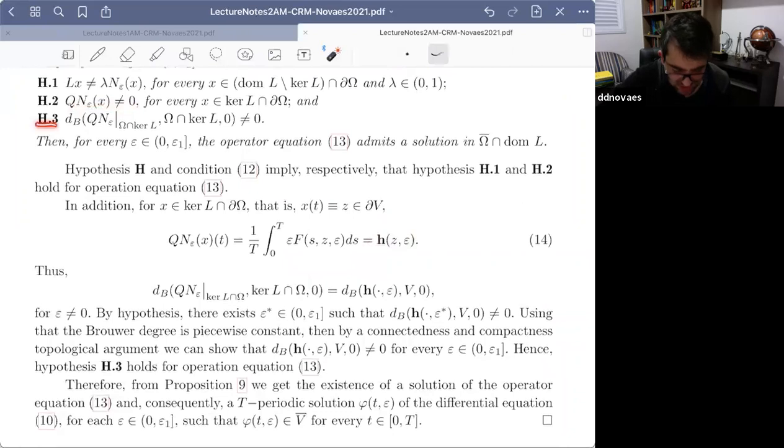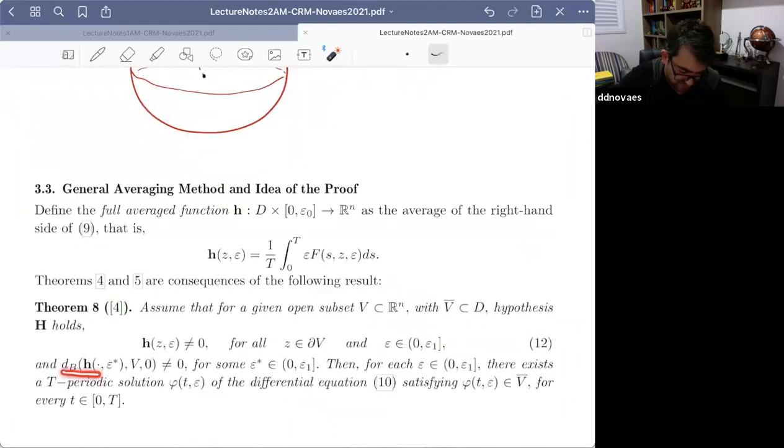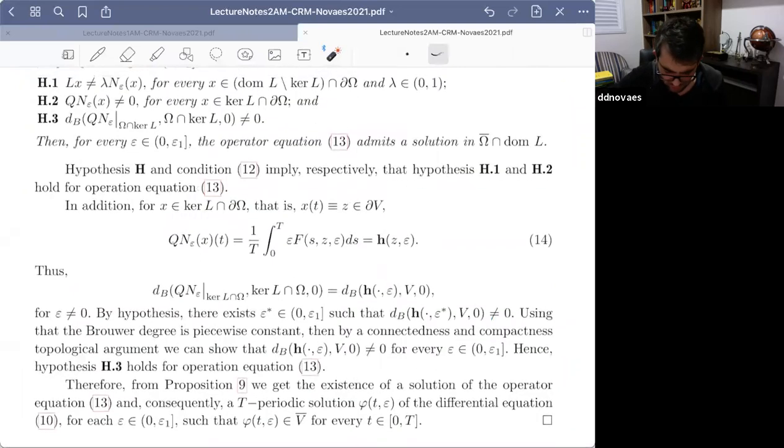And condition H3 will be verified, will be a consequence of this condition. Okay, since Q N epsilon of x is equal to h_z(epsilon), when we compute this Brouwer degree, I just have to compute the Brouwer degree of our full averaged function.